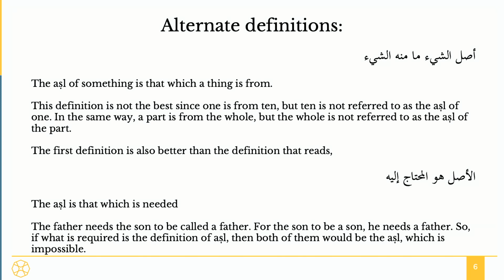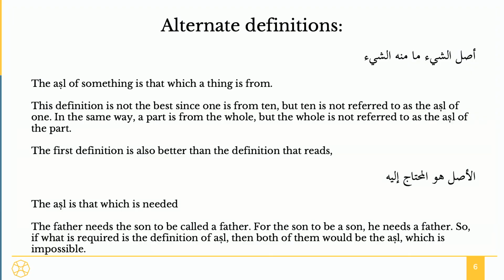Now this definition is not the best definition, since 1 is from 10, but we do not refer to 10 as the asl of 1. In the same way, we find that a part actually comes from the whole, but we don't refer to the whole as the asl of the part, and Allah subhanahu wa ta'ala knows best.